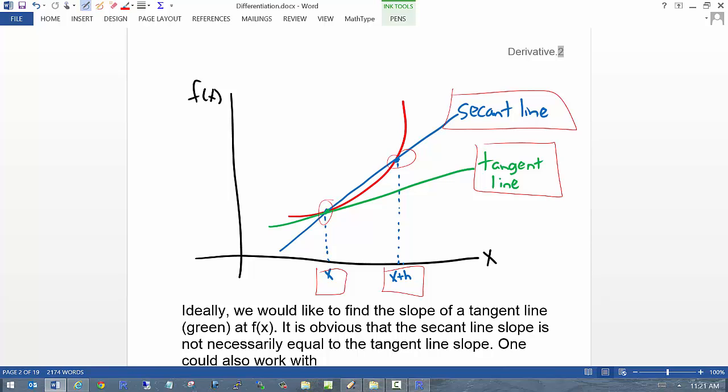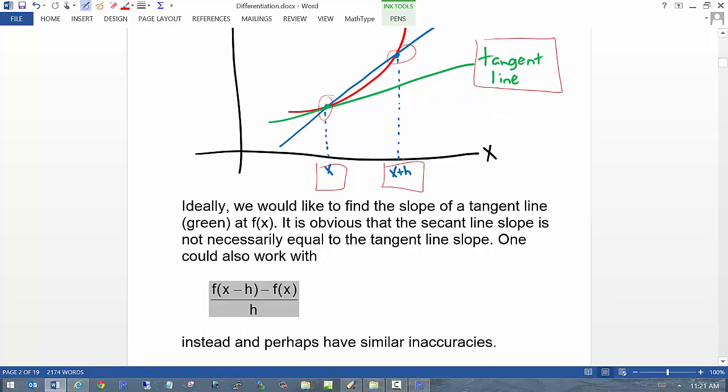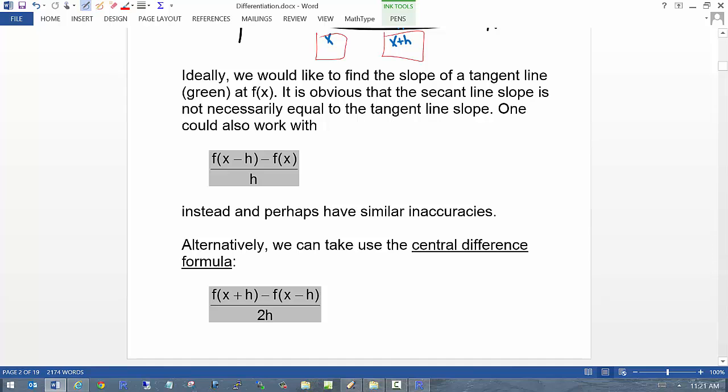Whenever we take a numerical derivative, we have to be concerned about how accurate it is. There are other ways that one could find a numerical derivative that might be better. One would be, instead of looking at f of x plus h, look at f of x minus h.